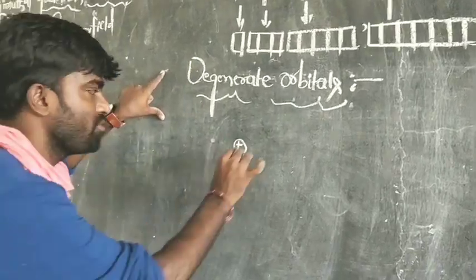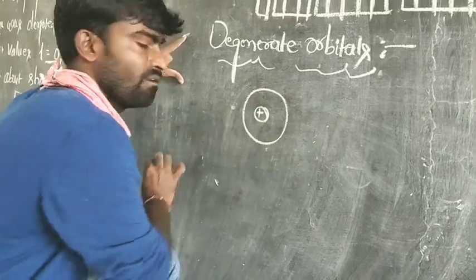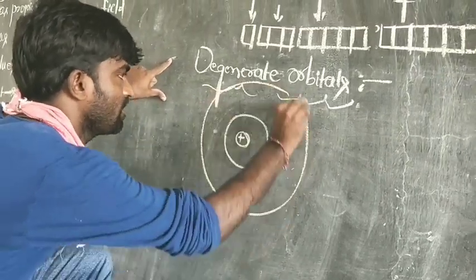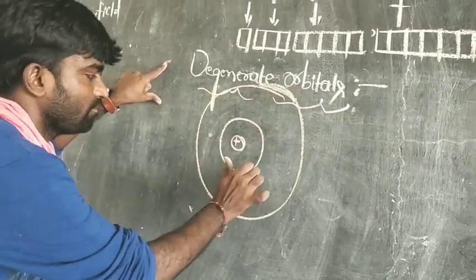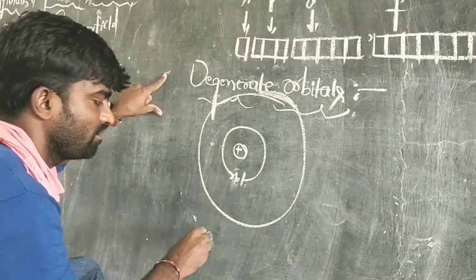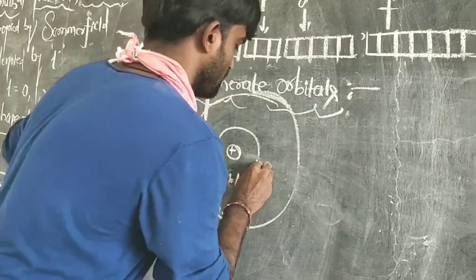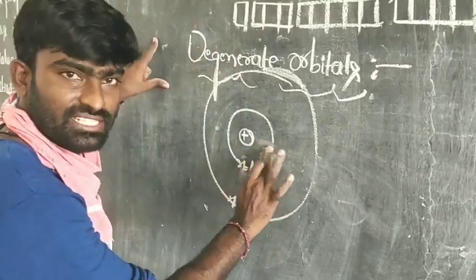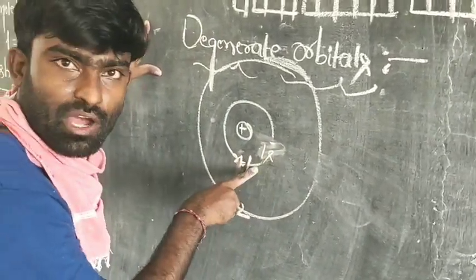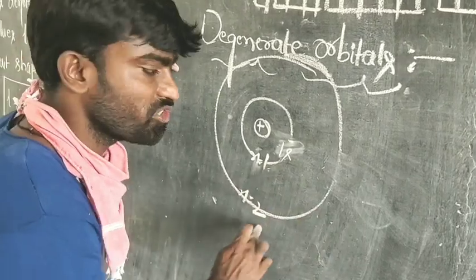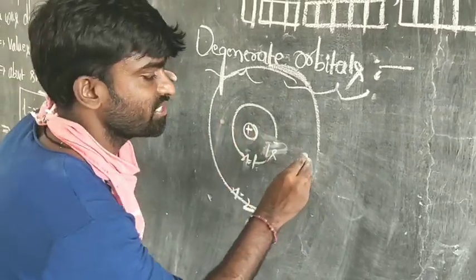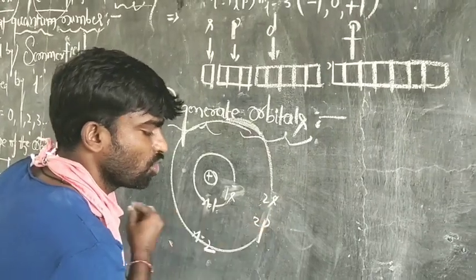See, let it be the nucleus, first orbit, second orbit, n equals 1, n equals 2. Here the first orbit comprises the 1s orbital, and the second orbit comprises 2 orbitals, namely 2s and 2p.